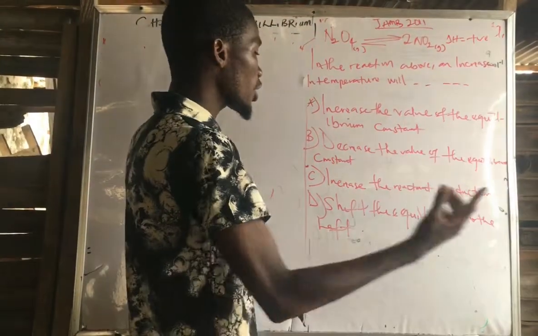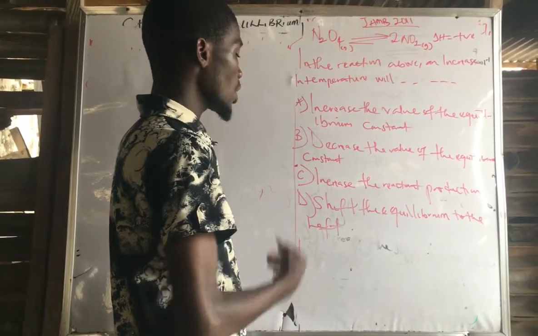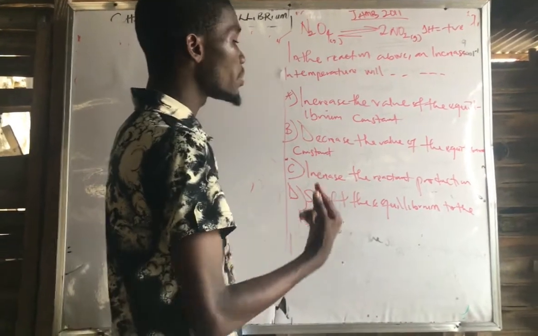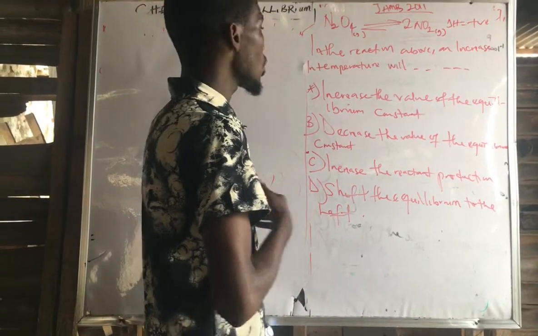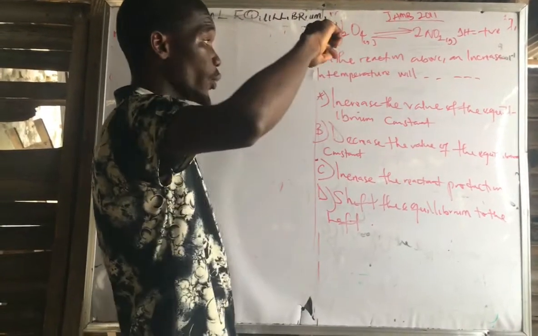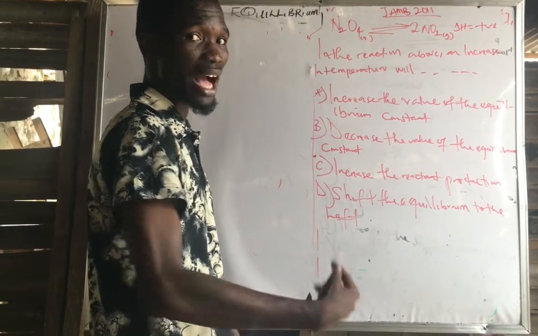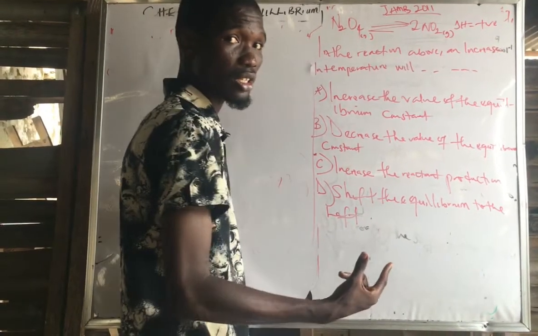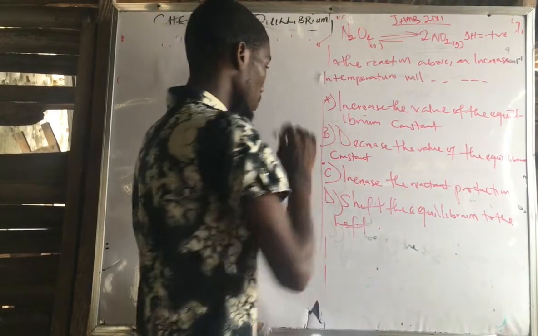C, increase the reactant production. D, shift the equilibrium to the left. So if there is an increase in temperature, we increase the value of the equilibrium constant, because we said increase, not decrease. So my answer is A.